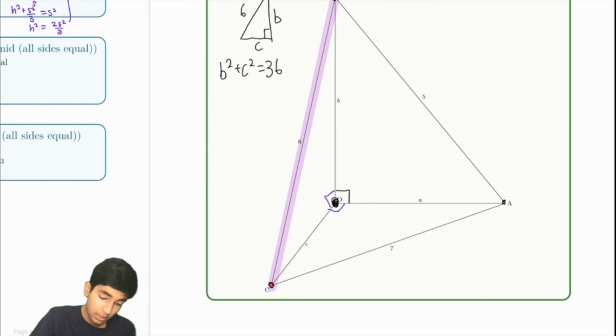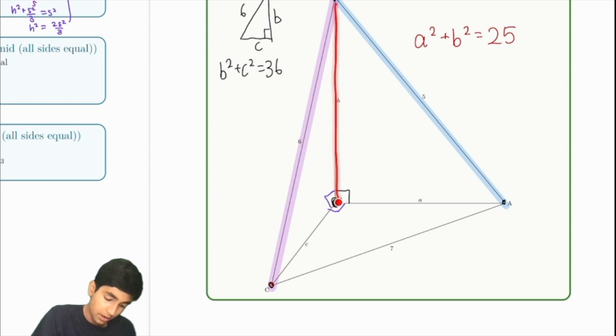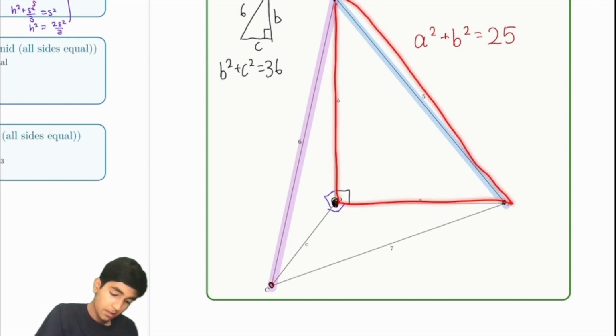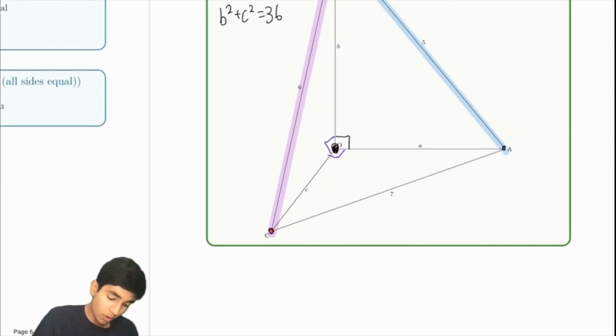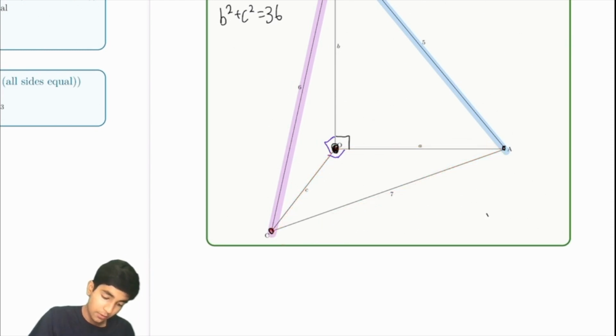And now similarly over here, that's 5. So we have a squared plus b squared equals 5 squared, which is 25, right? By this right triangle. And now we have this one at the bottom, which I'm going to redraw just so you can see that it's really right.